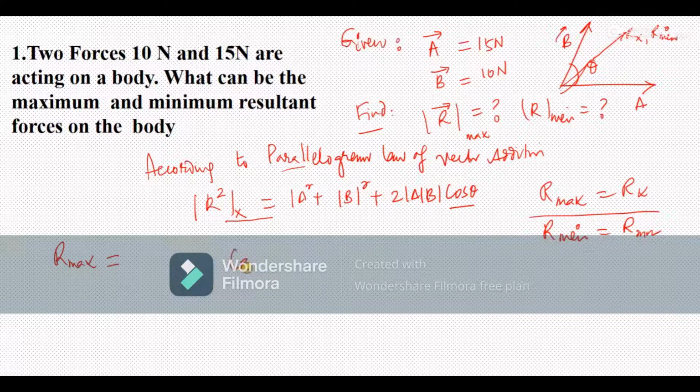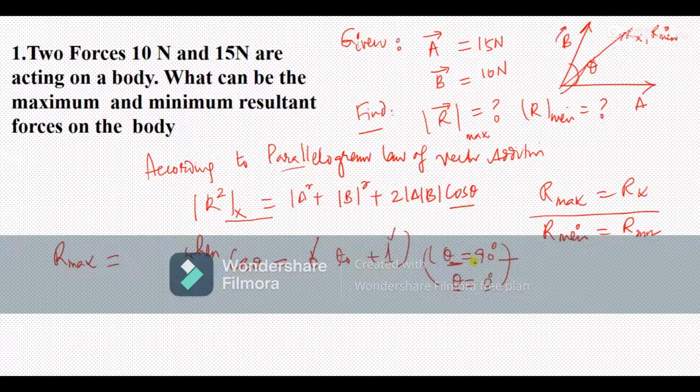Cos theta has values from 0 to plus 1, we know. This happens when theta is equal to 90 degrees to theta is equal to 0 degrees. When theta is equal to 90 degrees, cos theta is equal to 0. When theta is equal to 0 degrees, cos theta is equal to 1.